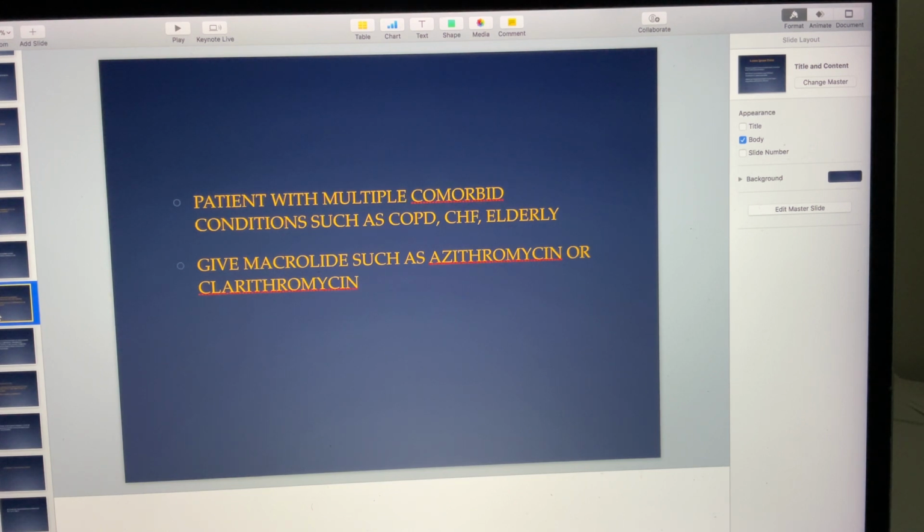Those are people in whom you can give antibiotics if they have acute bronchitis. The most common antibiotics used are azithromycin or clarithromycin.